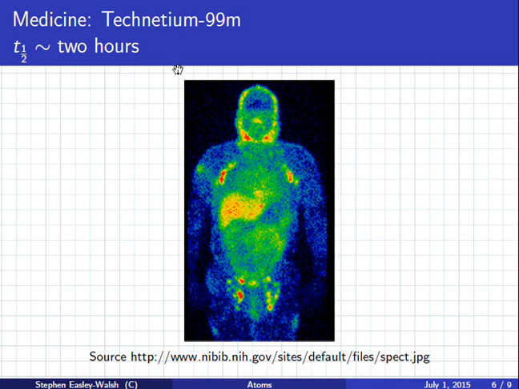It's like an X-ray. They can see inside you, but X-ray you can only use for your bones, whereas when you use radiation, you can use it for your blood and your skin. What's nice here is that there's not much alpha, so it's not too bad. Also the half-life is only 2 hours.